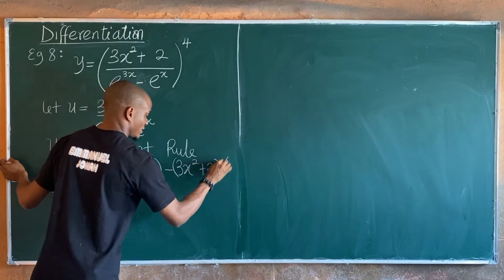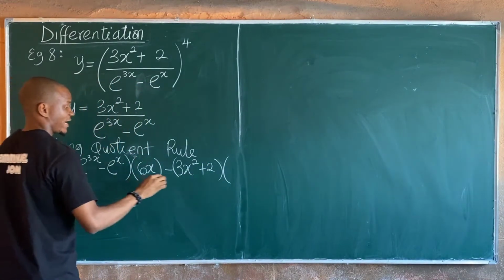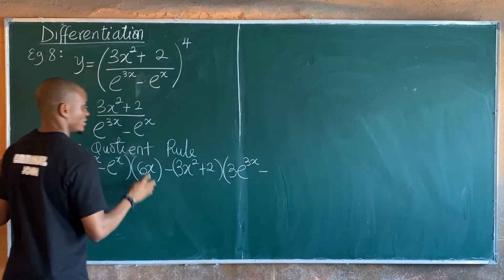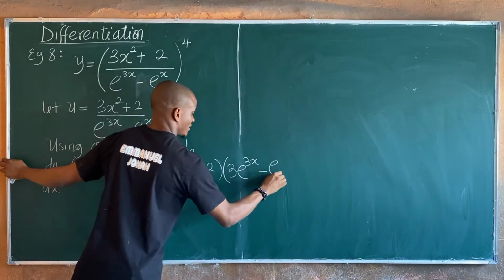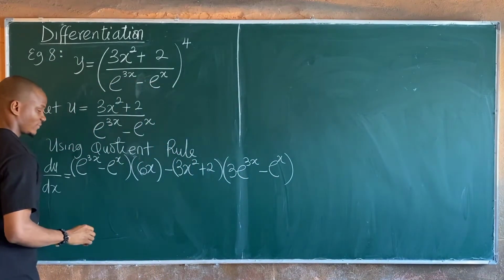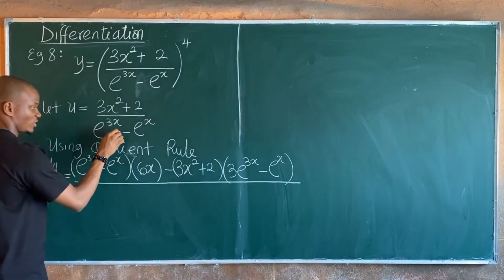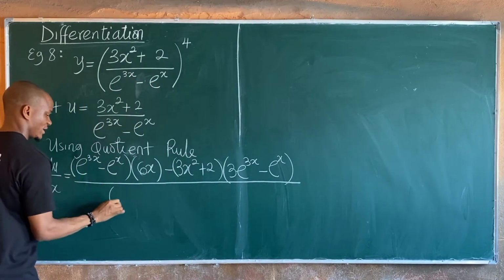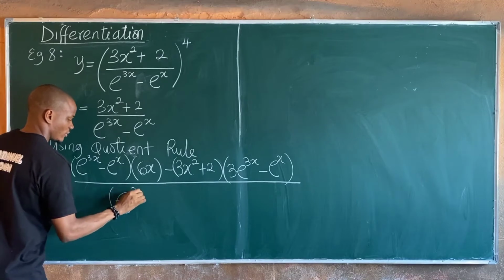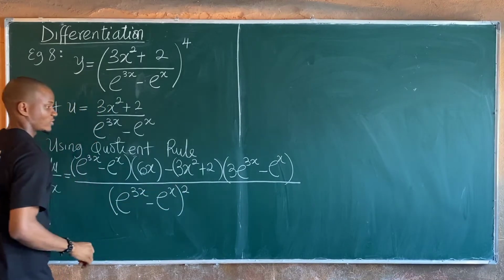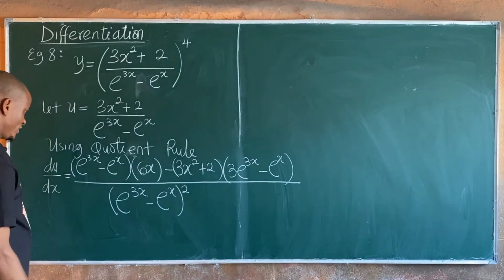This one gives you 3 exponential 3x minus, differentiate exponential x, you get exponential x. This all over v squared, so this one here all squared, that's exponential 3x minus exponential x all squared. So I have this case here.